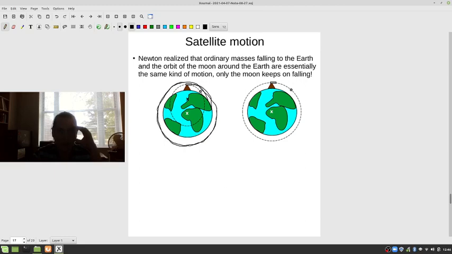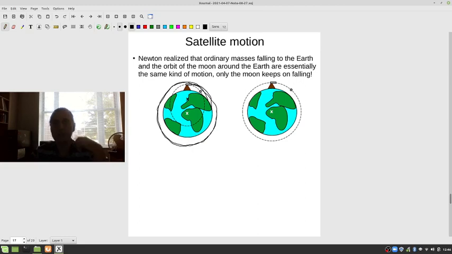Every time, it's exactly as in our projectile motion problem, where it's being pulled down towards the center of the earth, but it keeps falling and falling. And in Newton's picture, projectile motion and orbital motion are the same thing. All that's happening is that you continue to fall.